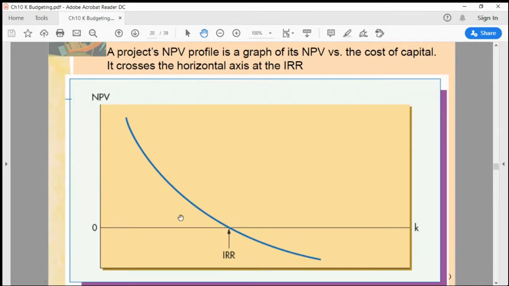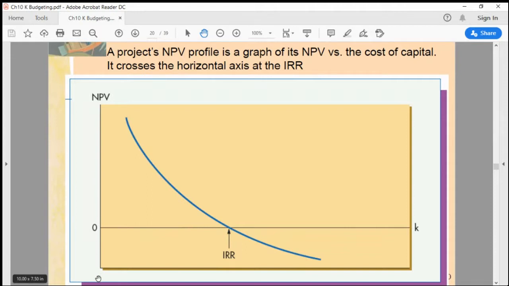So now, as the cost of capital moves up, right? Going across the horizontal axis is actually the cost of capital moving up. Then at some point it will be equal to internal rate of return. And when it is equal to internal rate of return, what does the net present value become?